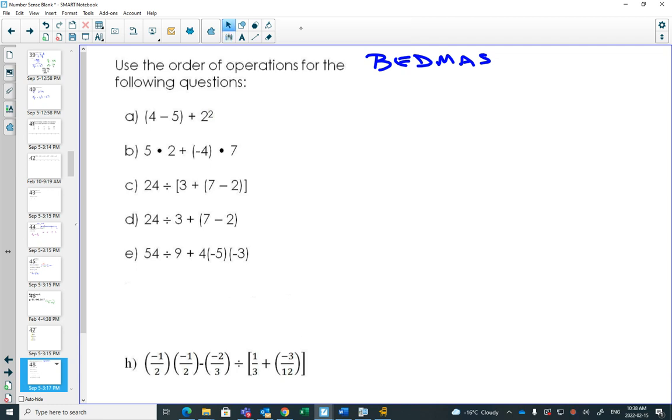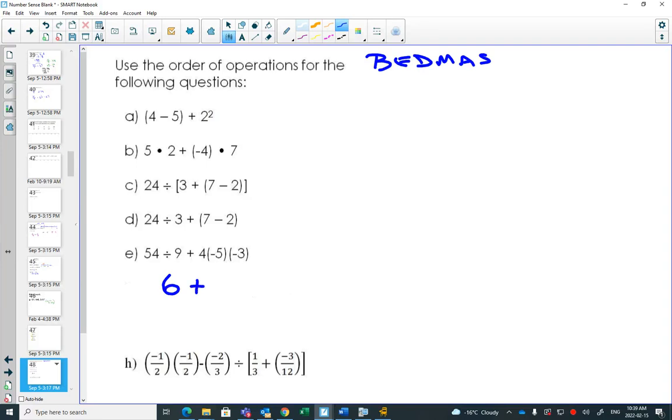Okay. In E, do we have brackets? Yes. Is there anything to do in the brackets? No. They're just holding numbers. Okay? The dividing and multiplying, do we have dividing and multiplying? Yes. 54 divided by 9 is 6.